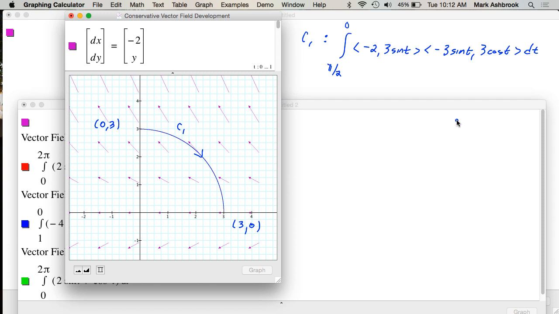Compare it with mine. Make sure I did it right. Did I do it right? Okay, and so let's actually find that value.